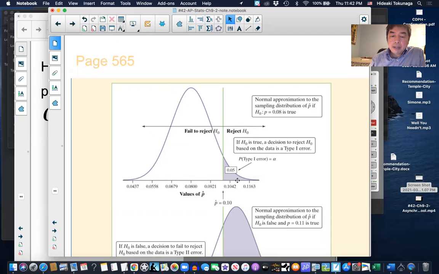And the standard deviation of a sample of 500 is going to be, let me write it down here. I think we can use sigma here, because it's the value of p hat, so it's maybe the standard error.